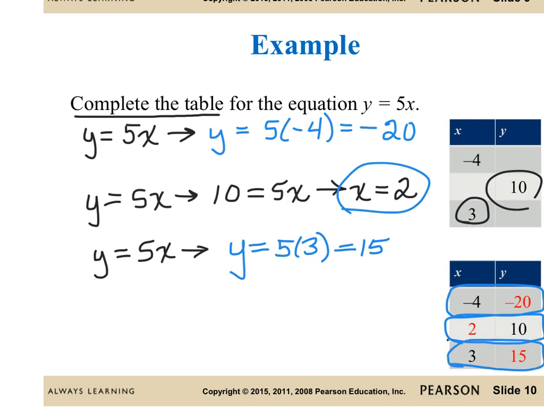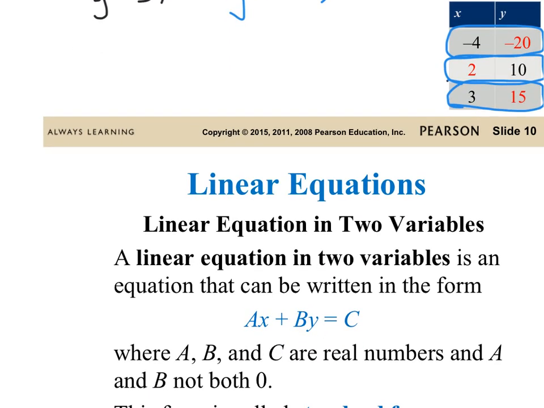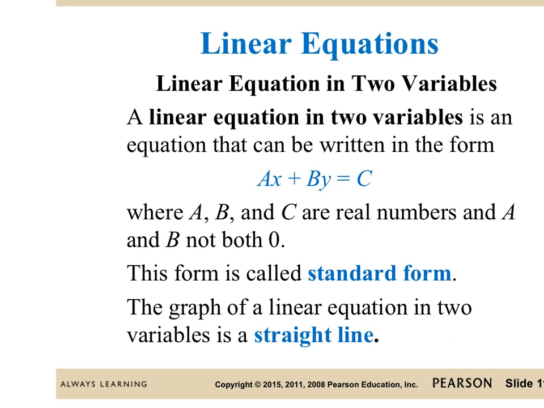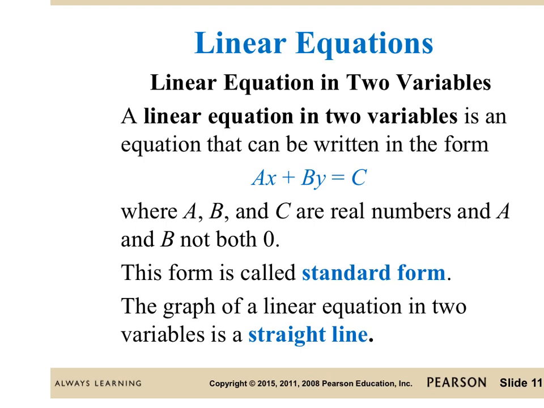So now we have a definition. Definition of a linear equation. A linear equation in two variables, in this case x and y, is in something called standard form when it is written as Ax plus By equals C, where A, B, and C are real numbers.